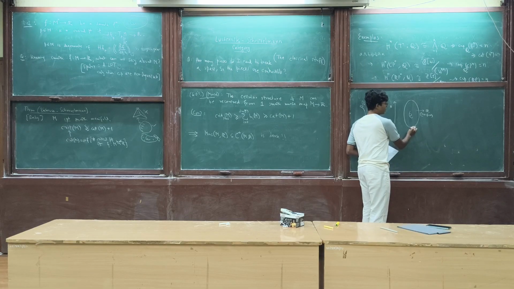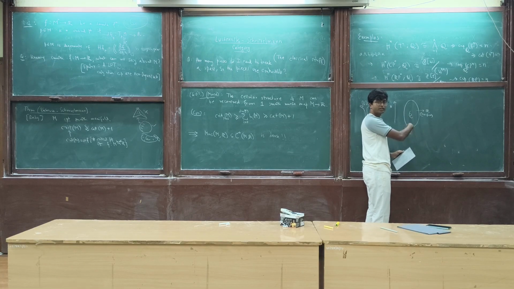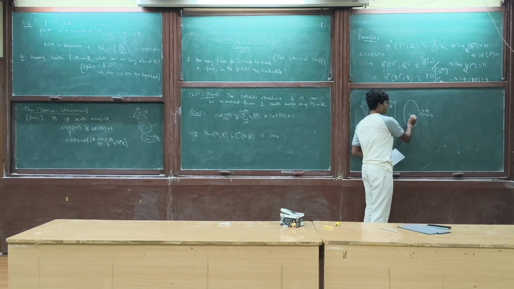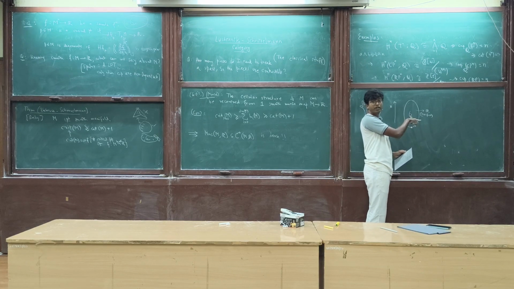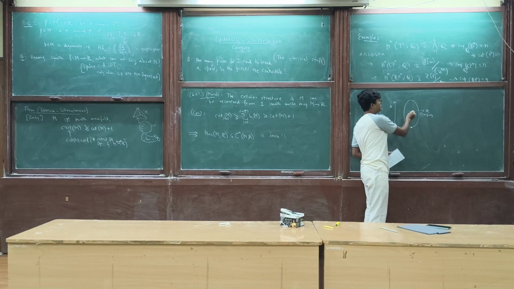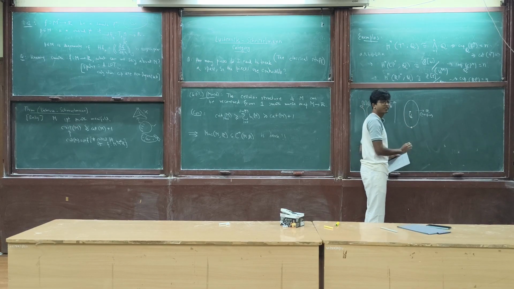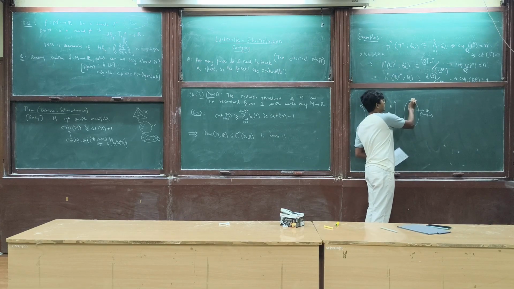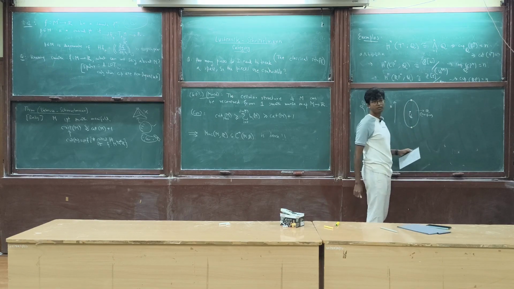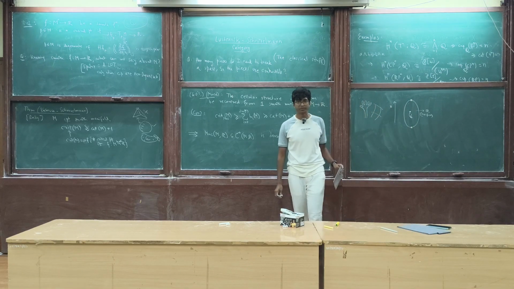We have one critical point over here where the function has a local minimum. We have one critical point over here where the function has a saddle point. We have one critical point over here where the function has another saddle point. And the last critical point is where it has a local maximum.